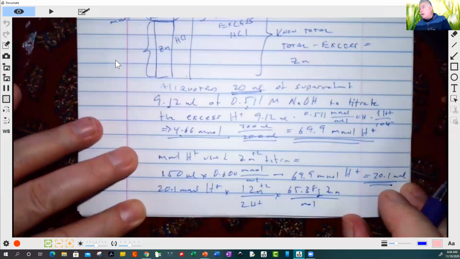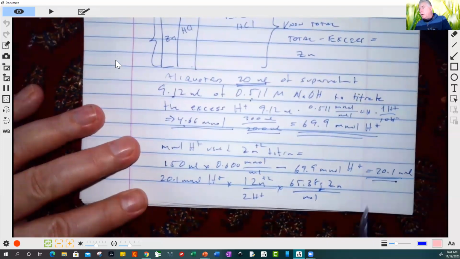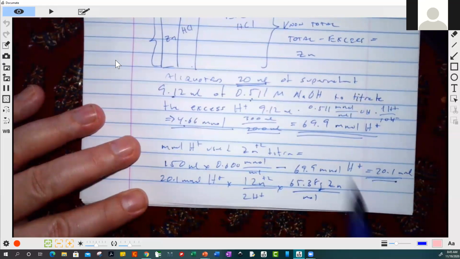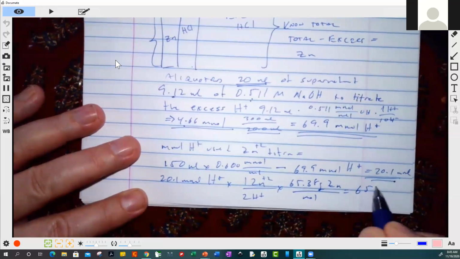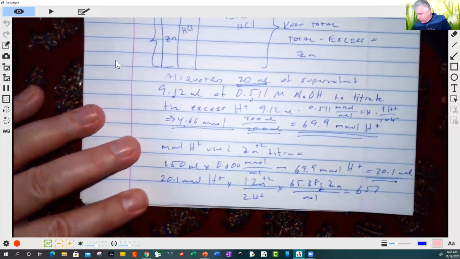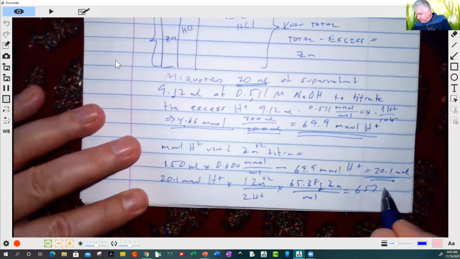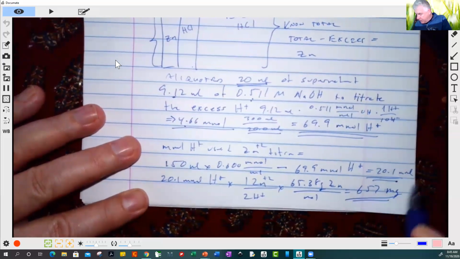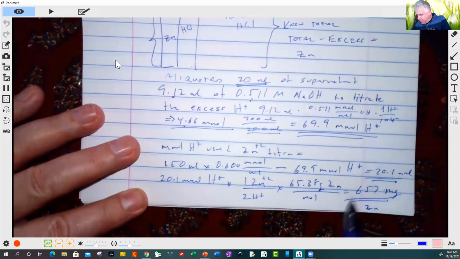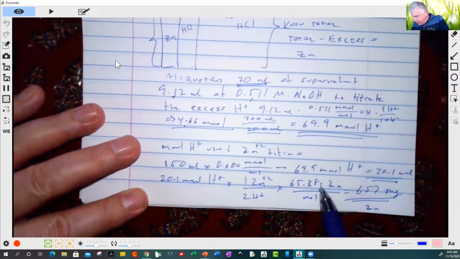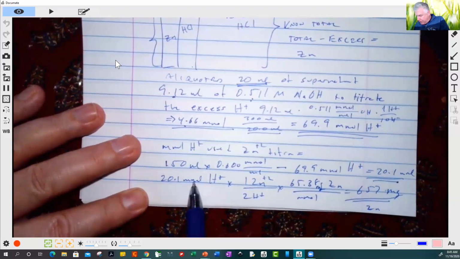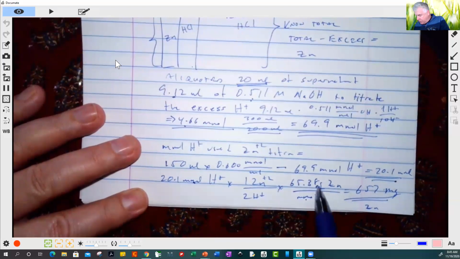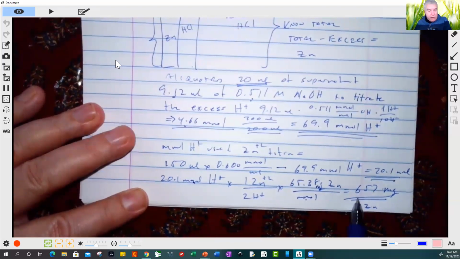And this should give us 657.06 milligrams of zinc, right? So this is going to give us 657 milligrams.